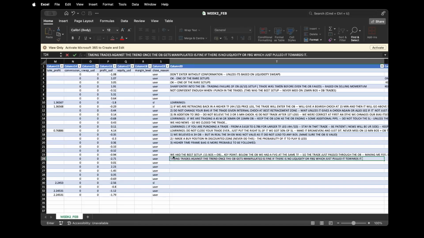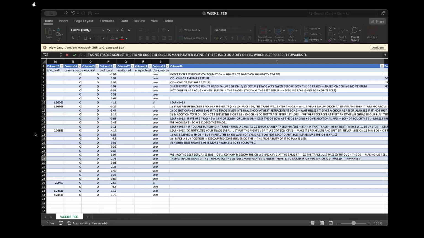Okay, so the key learning is 15-minute break of structure along with the order block is one of the best setups, no doubts on that. Just make sure that if the trade is being manipulated and it's going through the order block, there is no liquidity below the order block and no FVG below the order block, which is basically pulling the trade towards it just to shoot up again or shoot down again just to follow the order block.